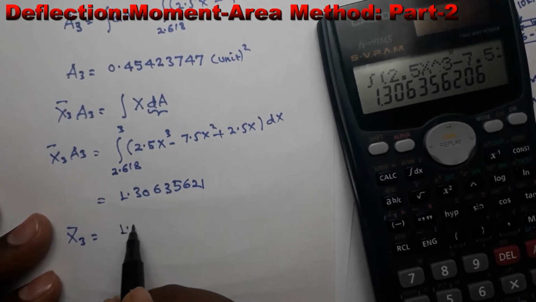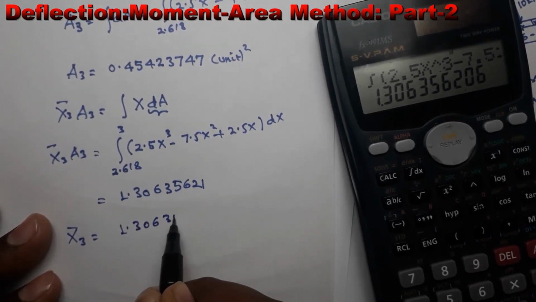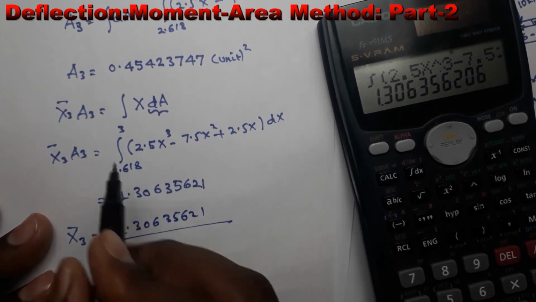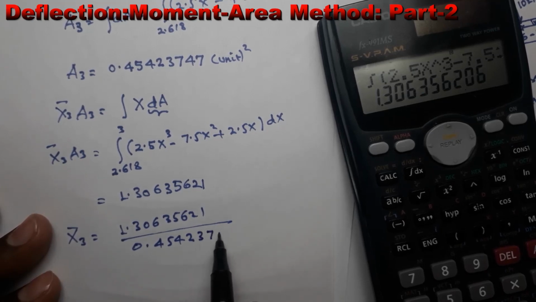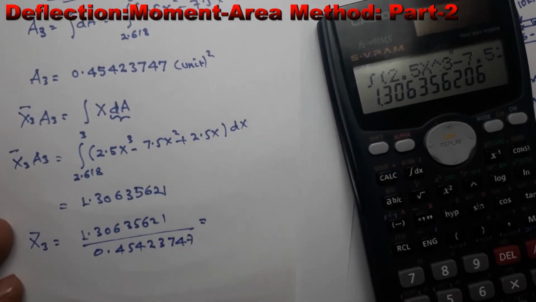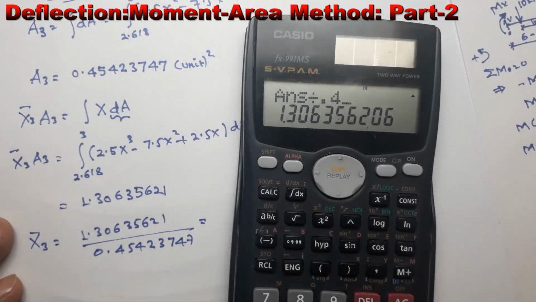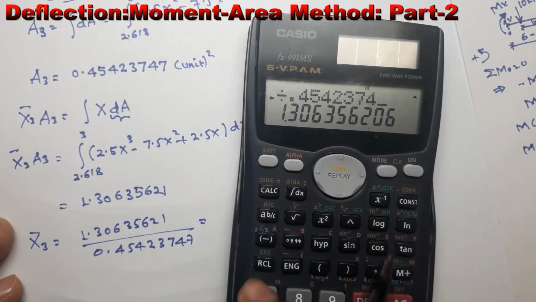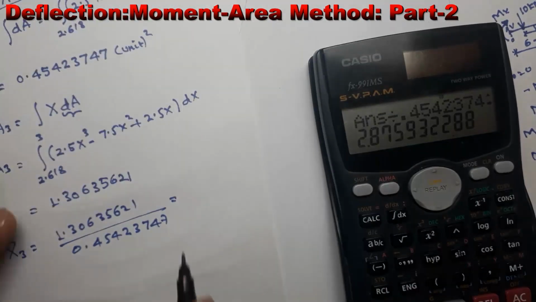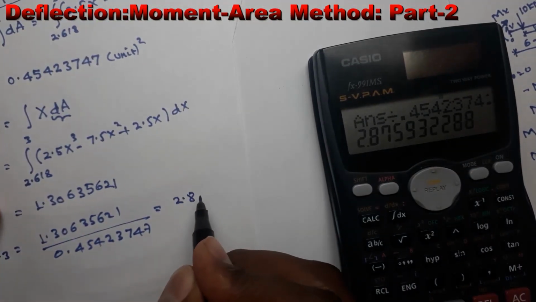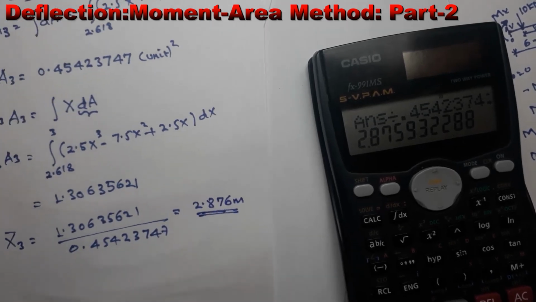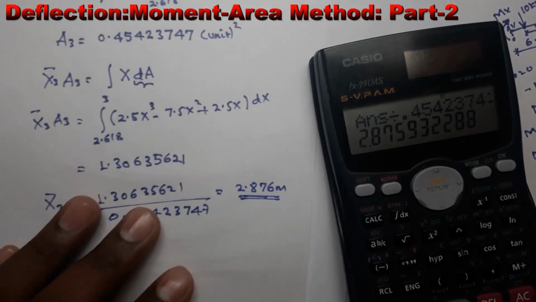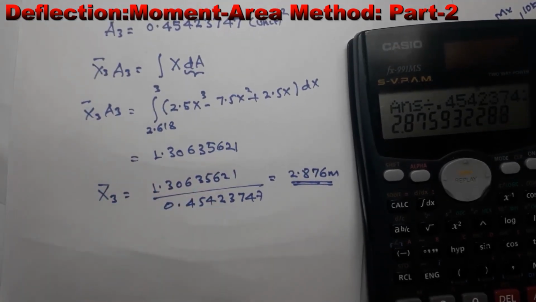So 1.30635621 divided by 0.45423747 is equal to 2.876 meter. Okay, this is x bar 3.